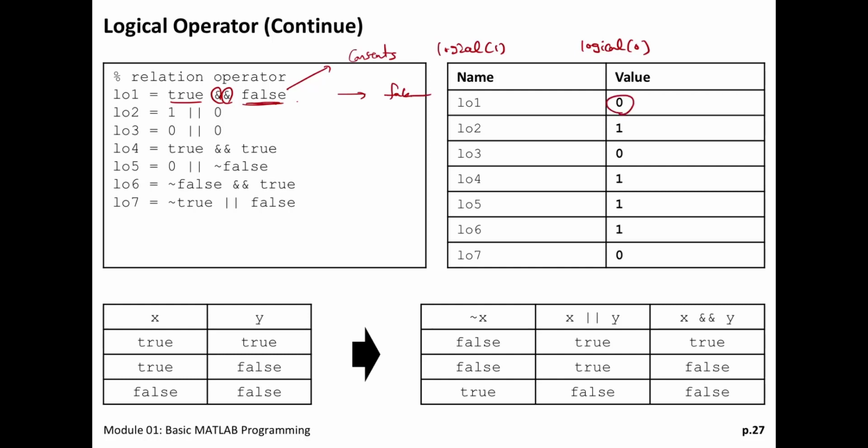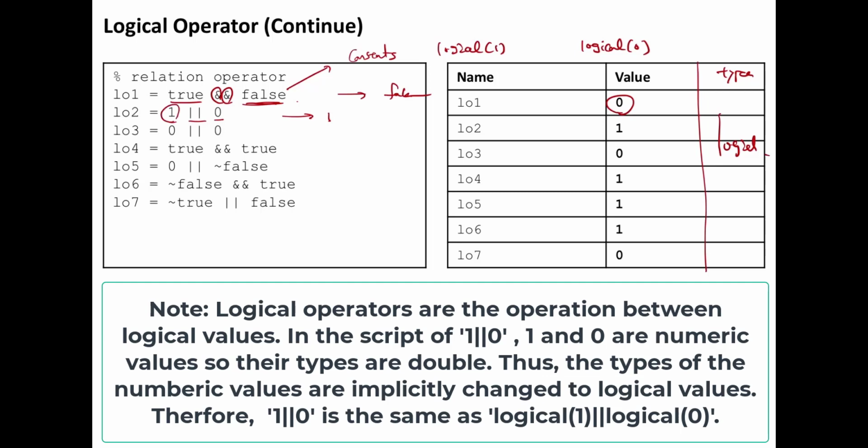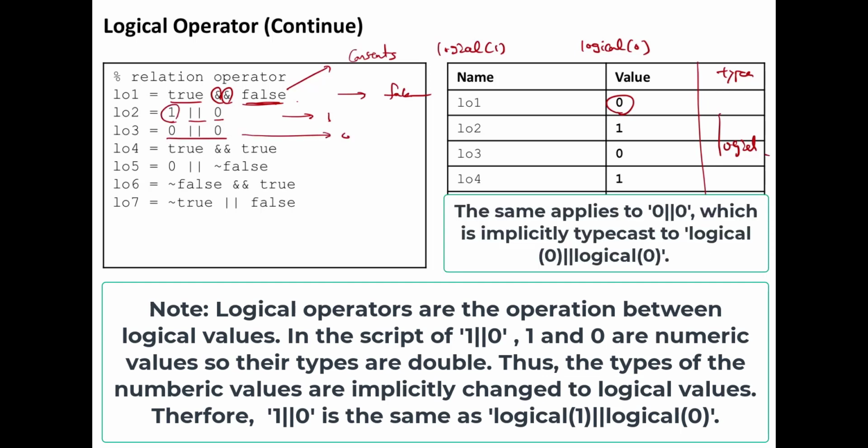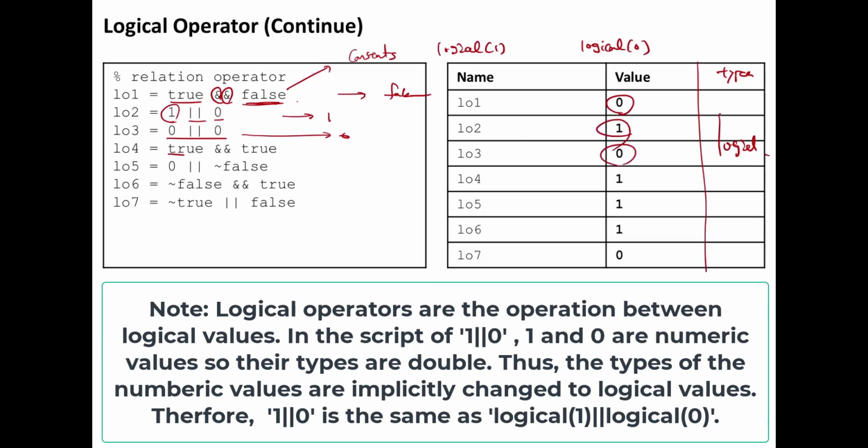This is a 0. Again, this is of type logical. Okay? This is or: 1 or 0 is 1, because there's at least a 1 here. This is 0, right? There's no 1 here. Okay? True and true, that is true, right? Because all true.